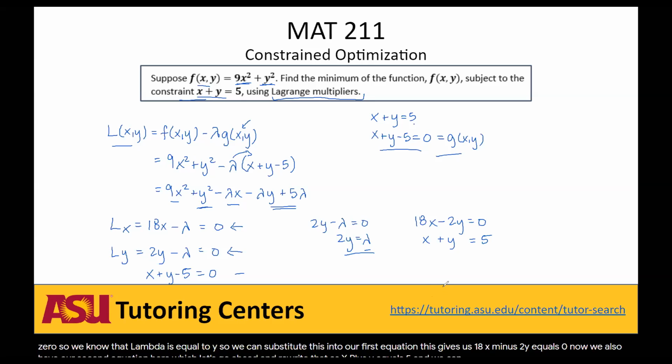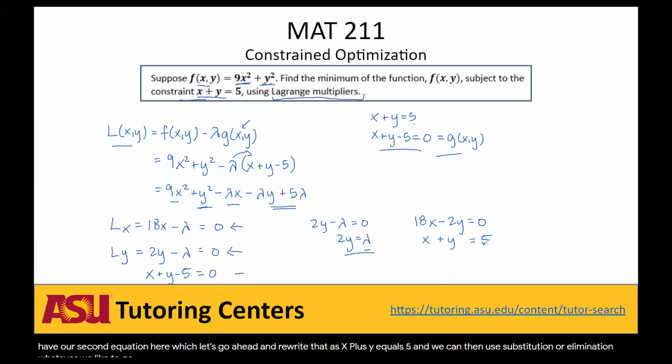And we can then use substitution or elimination, whatever we like, to solve this for one of our variables. So let's multiply our second equation by 2. This gives us 18x minus 2y equals 0 on our top.